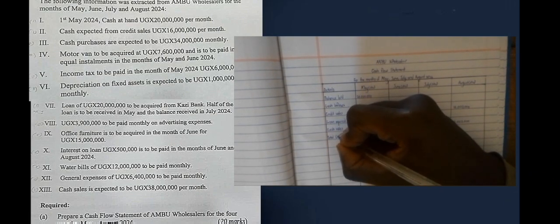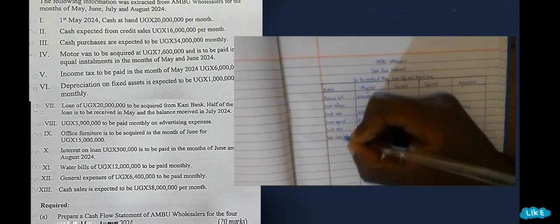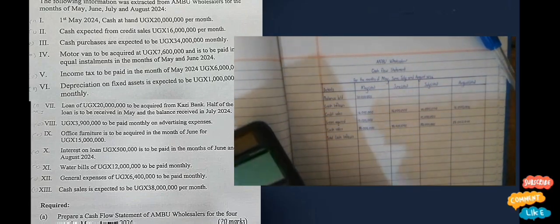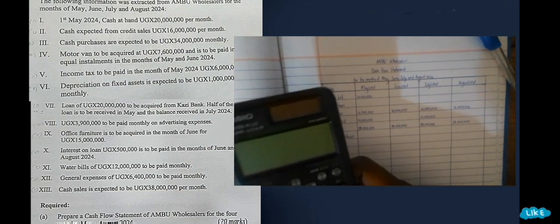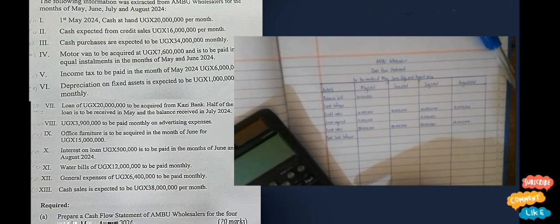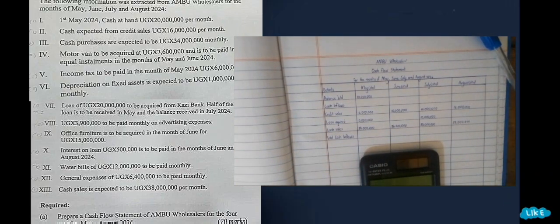So we are going to total everything, all the cash inflows. We are going to total them, at least right now for only the month of May. We're going to add up the totals in the month of May. This is where the calculator comes in handy. So we're going to add the balance brought down, the credit sales, the loan, plus the cash sales.